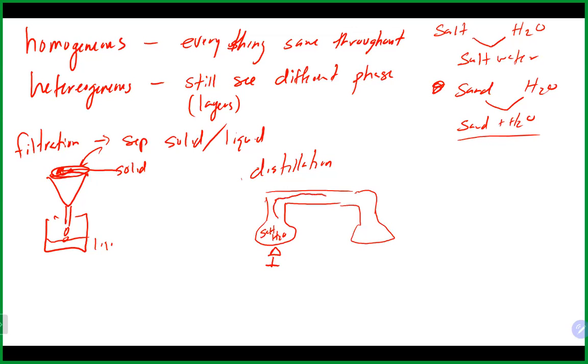And if you keep this connecting tube really cold, it will cause that steam to come back to liquid water, and it will go through condensation on the other side. And if you continue that process, eventually you'll evaporate off all of your water, and you will be left with just the salt on the left-hand side and the water on the other side.